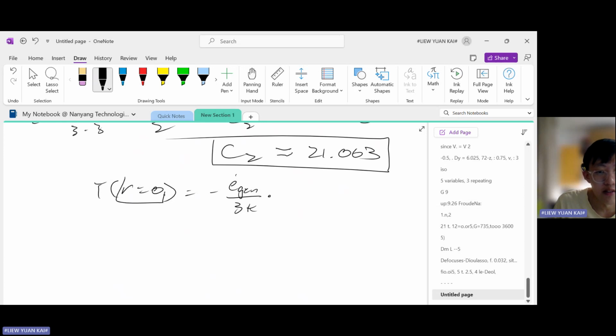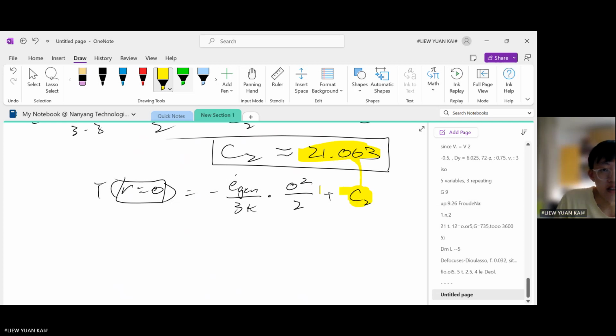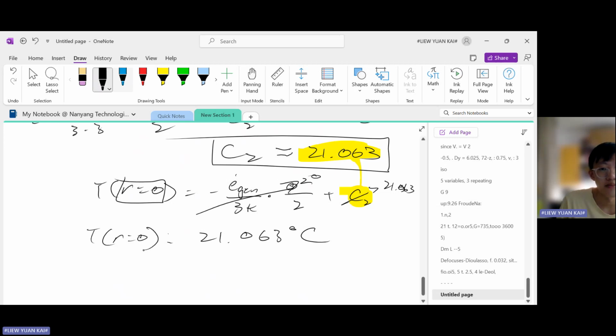But R is equal to 0 right now, so we substitute 0 squared. And what's the value of C2? This C2 is here, 21.063. Since this is 0, this whole thing is gone. Then what you're left with is 21.063 degrees Celsius. This is the center temperature of your sphere. Okay, so this is the first question.